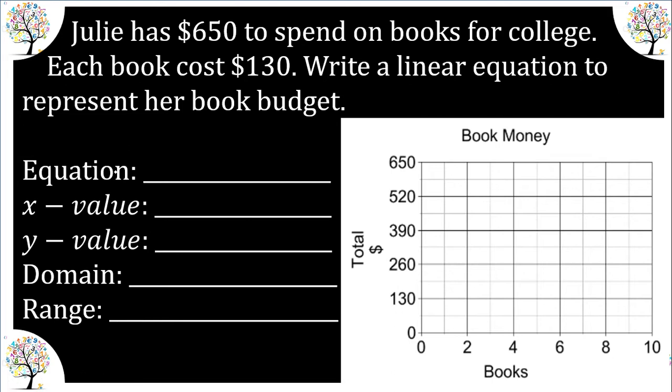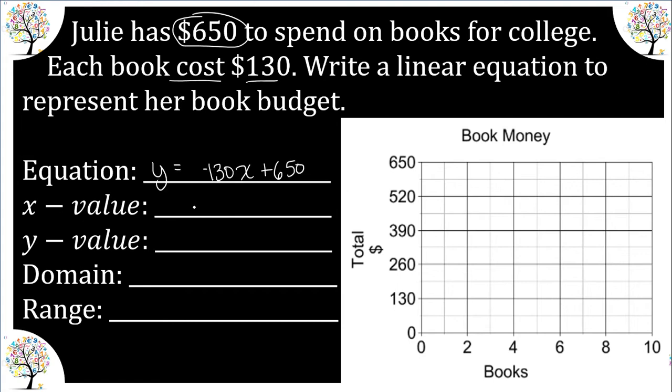Julie has $650 to spend on books for college. Each book costs $130. We're going to write a linear equation to represent her book budget. So she starts out at $650, and then each time she buys a book, her budget goes down. So her constant rate of change is negative 130 times x, and she starts out with $650.